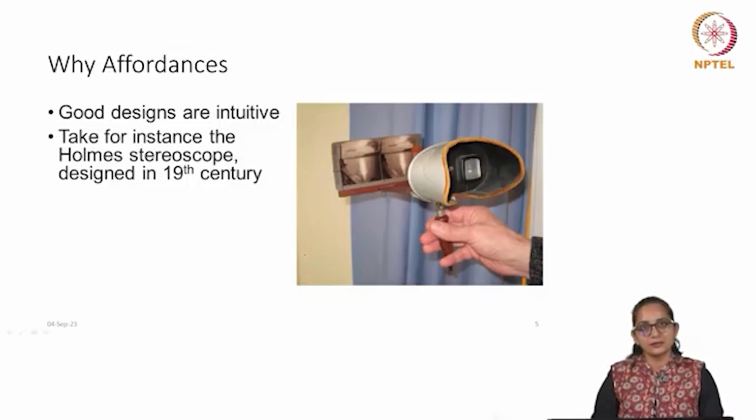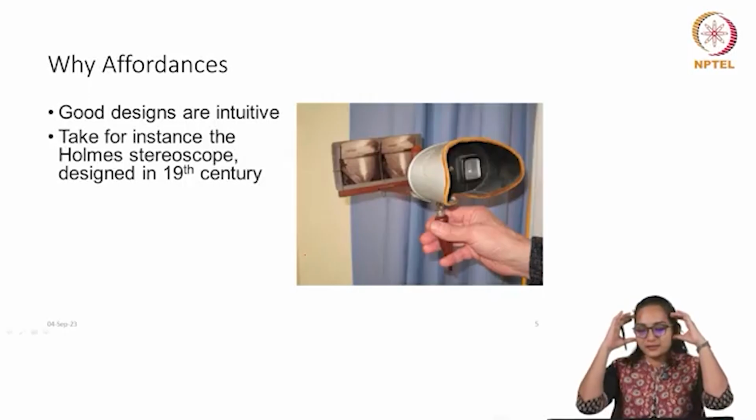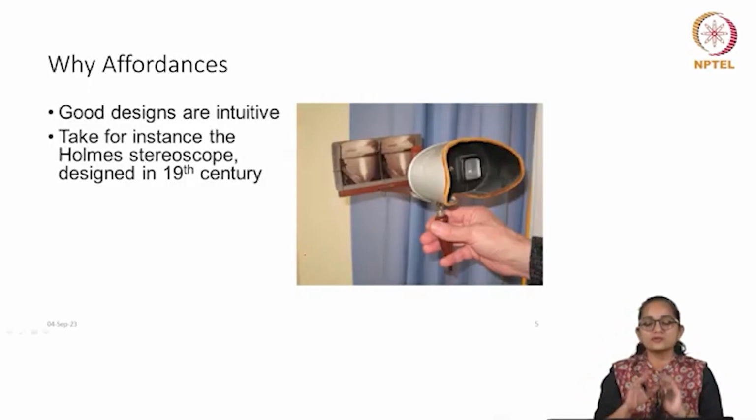Can you guess? Probably yes, right. It looks like a VR headset, it needs to be placed in this part, it has two holes, something to be looked at with the two eyes. So, you hold the handle, there is one handle, you hold it in front of your eyes. It covers your eyes like this.